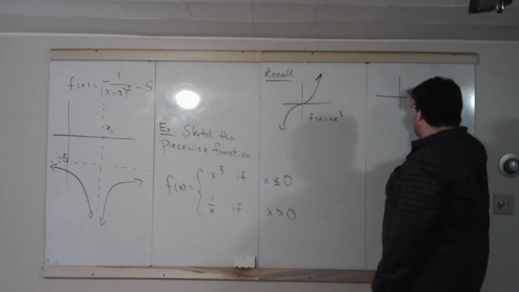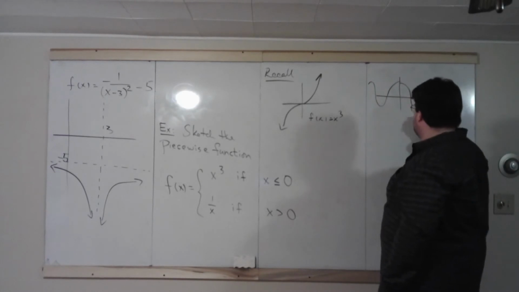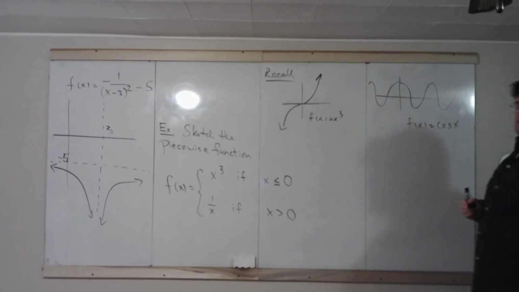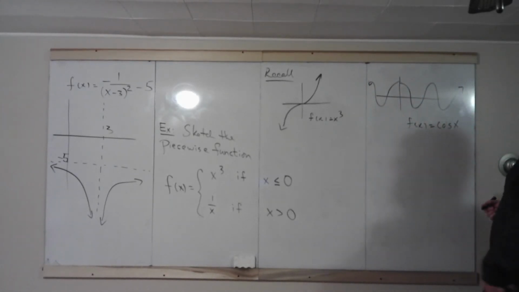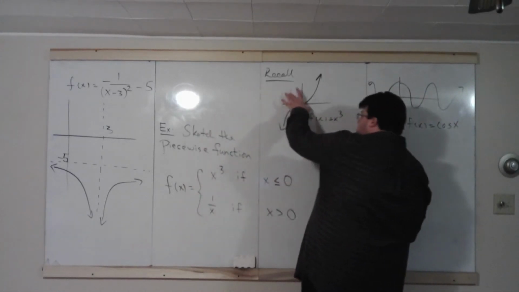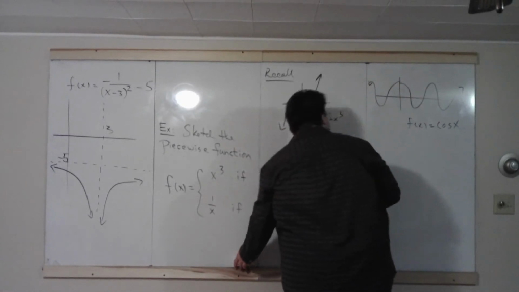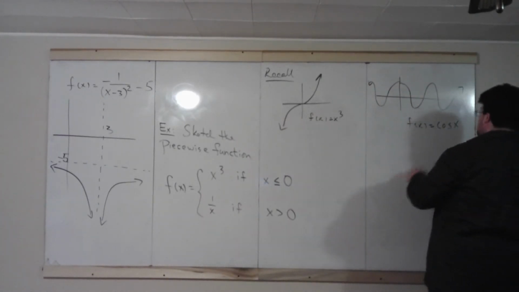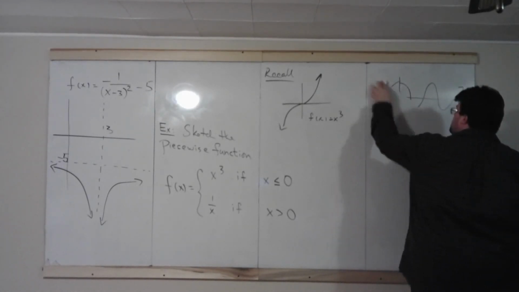Recall also the graph of cosine x. Looks like this. Cosine x looks like that. And it keeps going on. But we want the function over here, and, oh, cosine x. Why did I do cosine x? Well, because my first thought was to do cosine and change it to 1 over x.